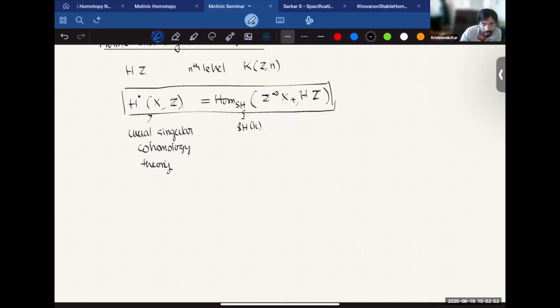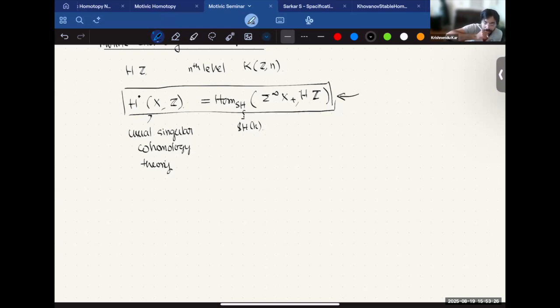So here is the thing. We are trying to imitate this in our motivic stable homotopy version. That's what the next part of the talk goes on about. So in our motivic homotopy, we are trying to create this HZ spectrum. It turns out that it is impossible to construct a spectrum that gives you something like this.